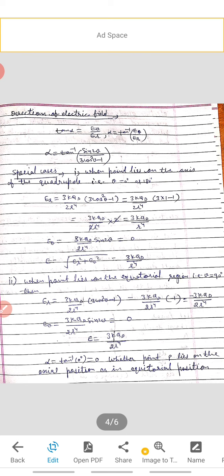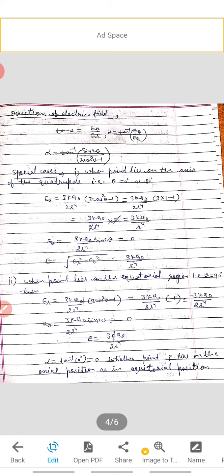Now second, when the point lies on the equatorial region, that means when theta is equal to 90 degree, if we put the value of theta equal to 90 degree, then we get ER is equal to minus 3kqd divided by 2 into r power 4, and E theta is equal to 0 again.